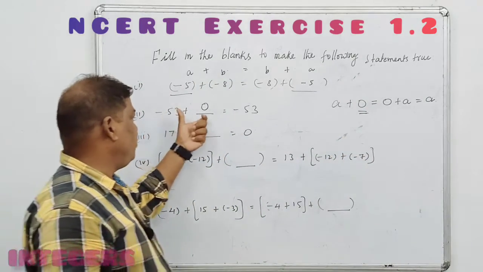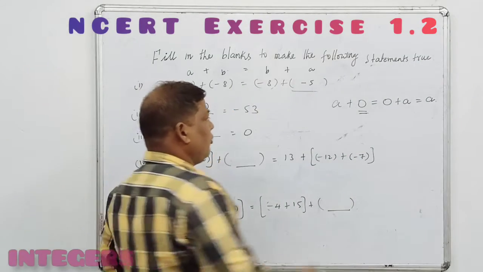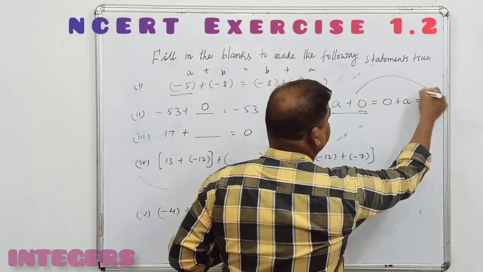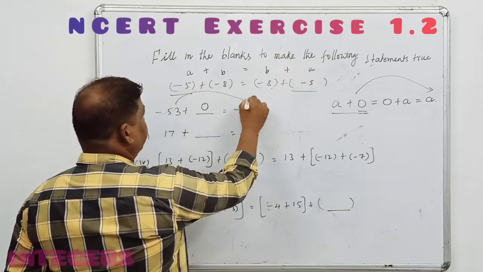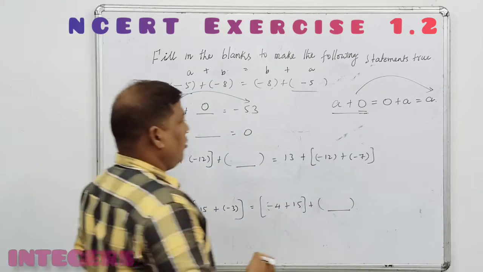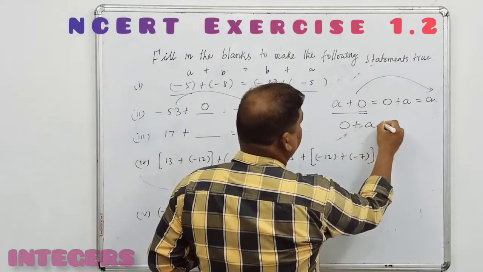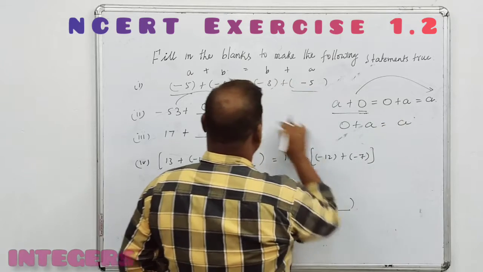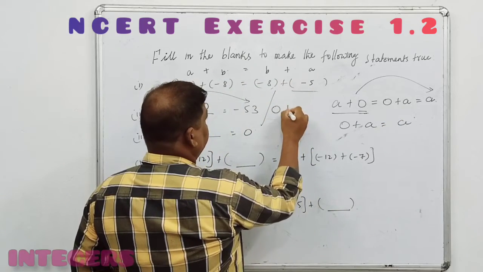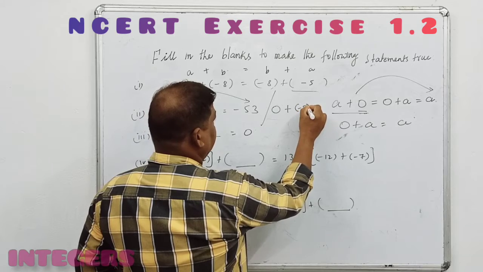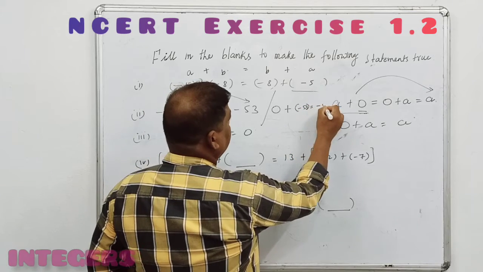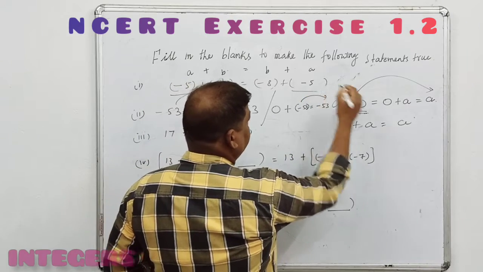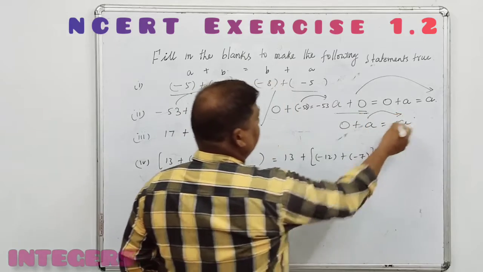Minus 53 plus 0 will be minus 53. So A plus 0 is A, that is minus 53. Or 0 plus A will be A. So we can write 0 plus minus 53 will be minus 53. 0 plus A will be A.